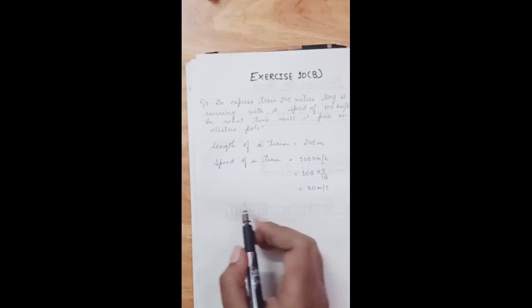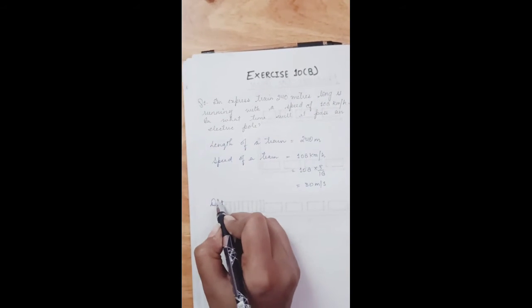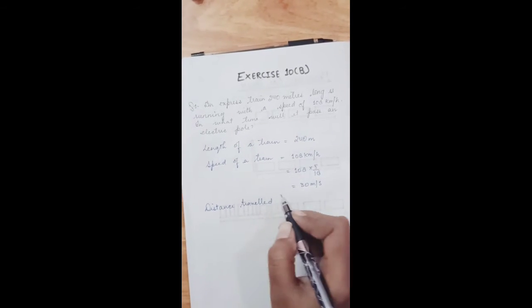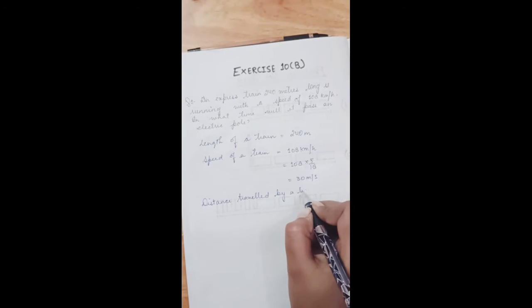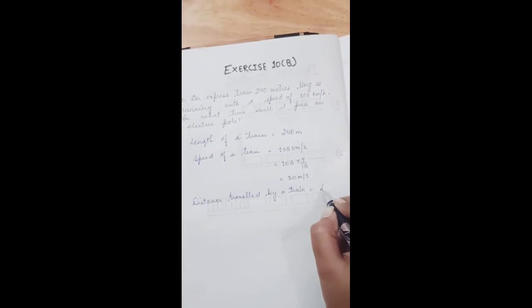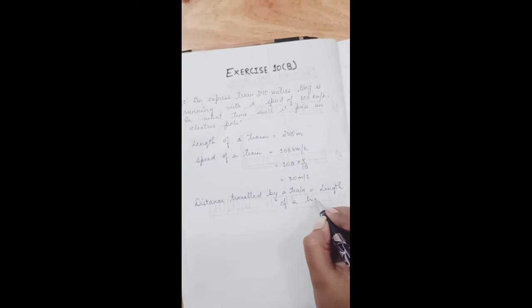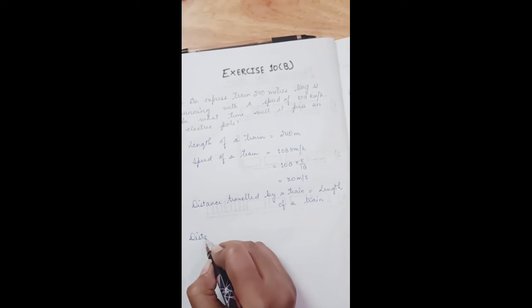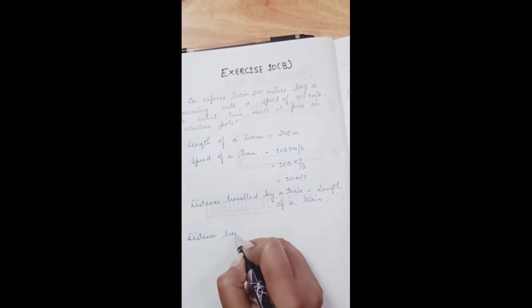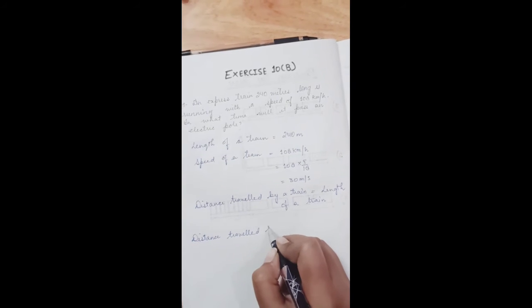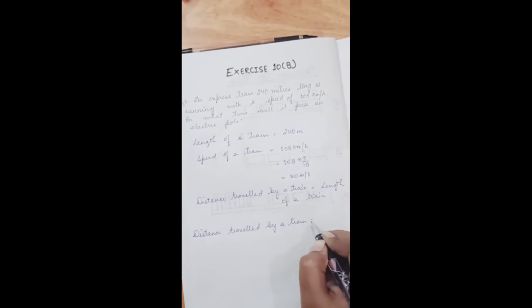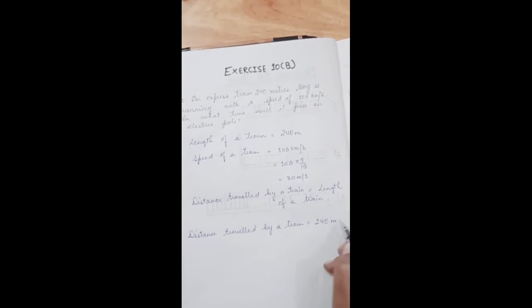So the distance traveled by the train is equal to the length of the train, that is 240 meters.